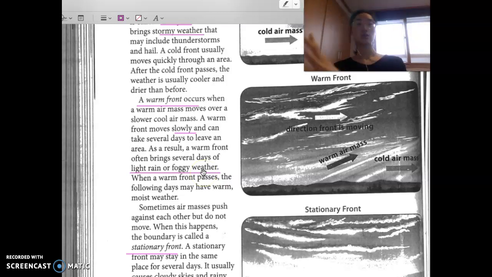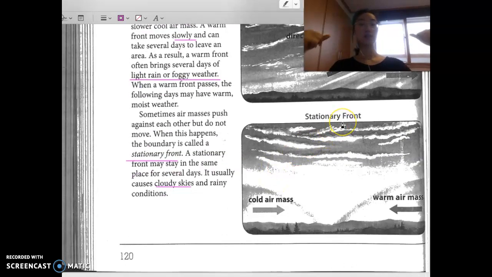And then after it goes, the following days will have warmer weather. And then lastly, the stationary front is when the air masses push against each other but don't actually move, right? This usually stays in the same place for several days, and it causes cloudy skies and rainy conditions. So the fronts basically affect weather conditions is what the summary is.